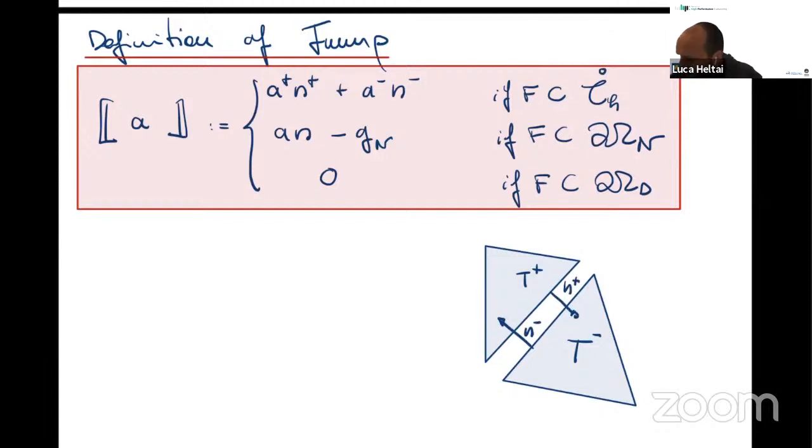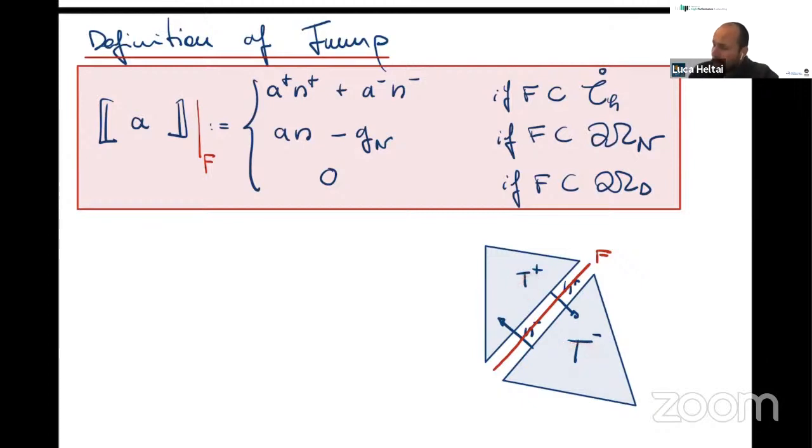In between these two, we assume that there is a common face, which we call F. Here we're looking at the jump on F, and we define this jump as something independent of the orientation, which only depends on the values defined on the two sides, on T plus and on T minus.